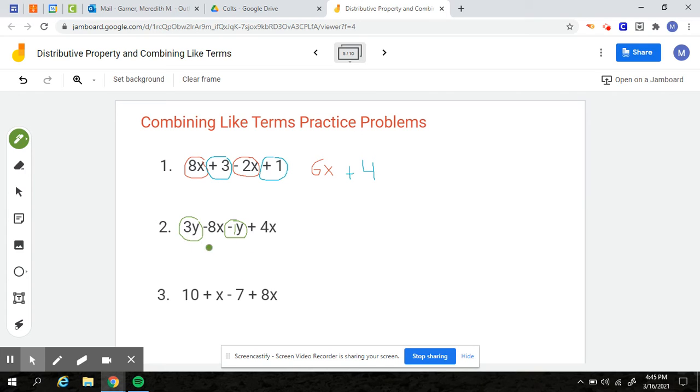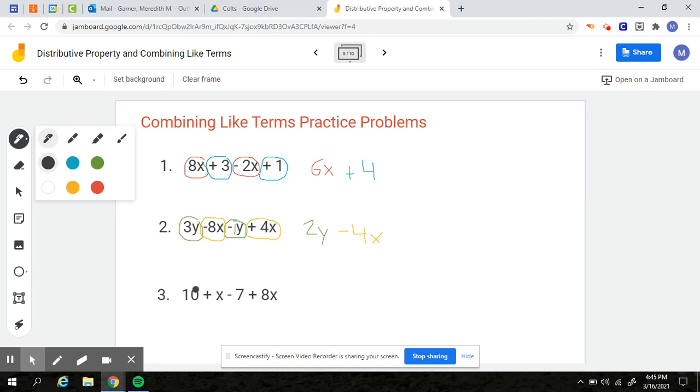So 3 minus 1 will give me 2y. The next part of it are the x's. I have -8x and a +4x. So -8 plus 4 will give you a -4x. All right, so notice we're putting the x's together, we're putting the y's together.